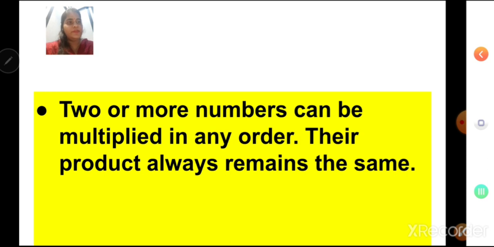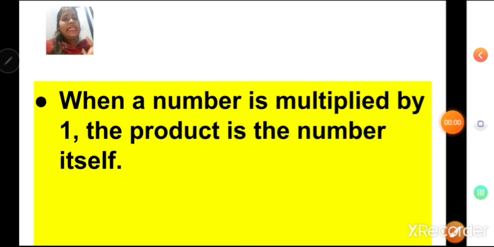Okay children. Now the next multiplication fact is, when a number is multiplied by 1, the product is the number itself. When you multiply any number, for example 2, 4, 12, 45, any number, with 1, the answer or the product will be the number itself.